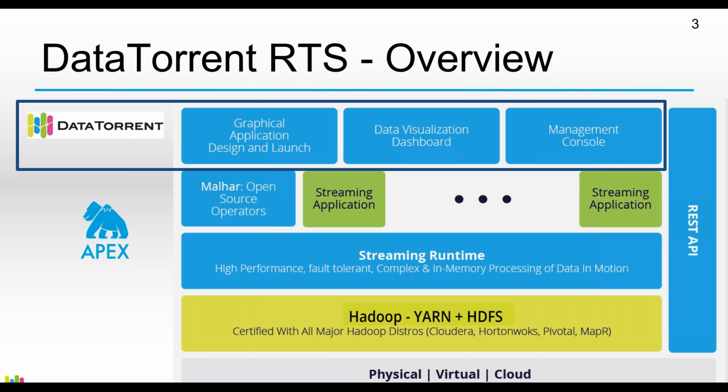Overall, the layers which are blue in color are effectively what DataTorrent RTS is. And at the right-hand side, you see a REST API, which is part of the offering as well. That's how our platform integrates with any kind of existing application in the ecosystem.